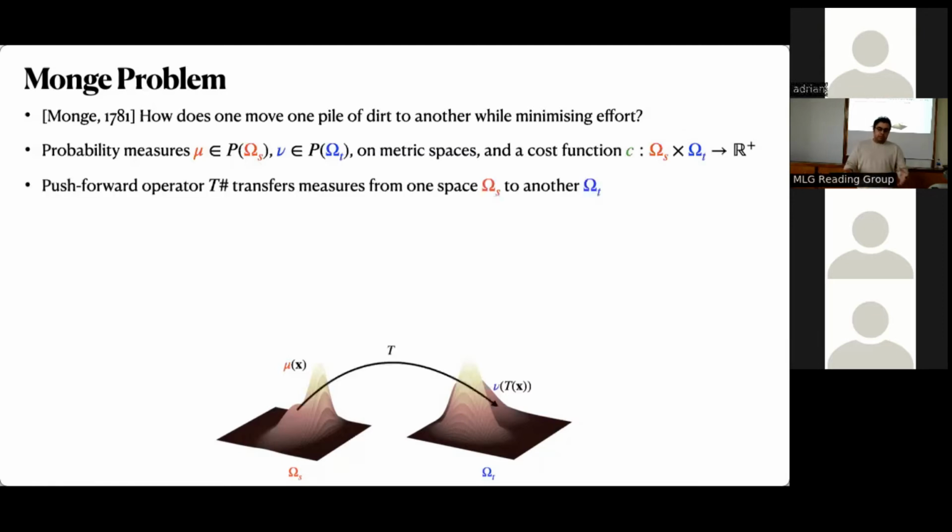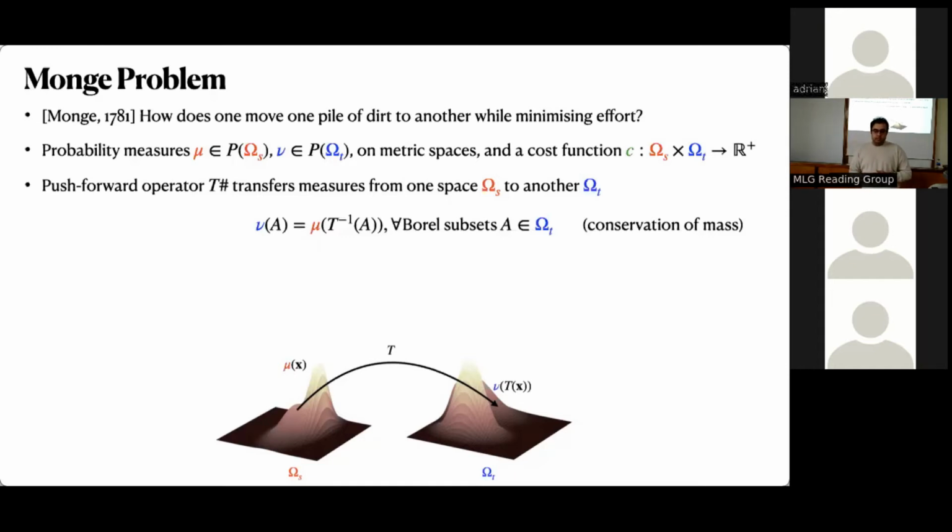Then you have a push forward operator, where I use T hash to refer to a push forward operator that transfers measure from the first space to the second space. What that means is that if you apply the push forward operator on mu of x, it moves the points to nu of T of x. And this push forward operator, at least in the way Monge formulated it, needs to conserve mass.